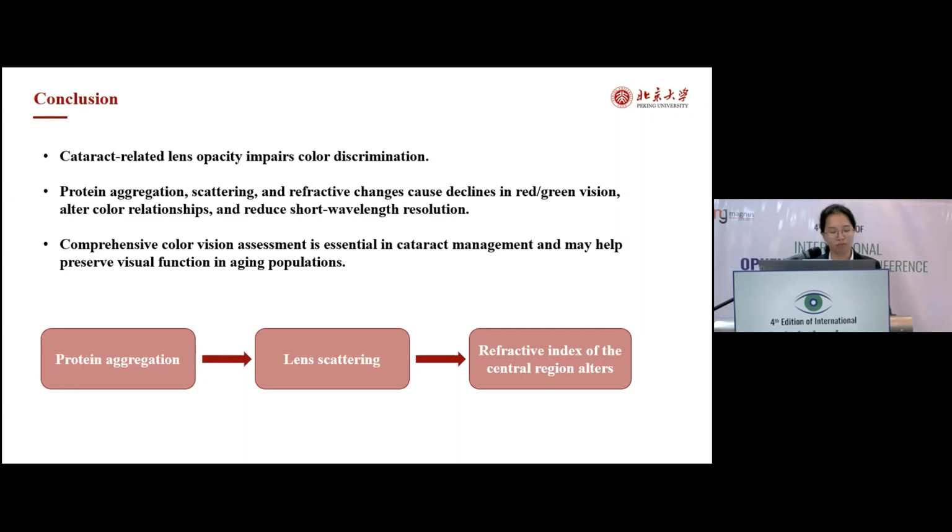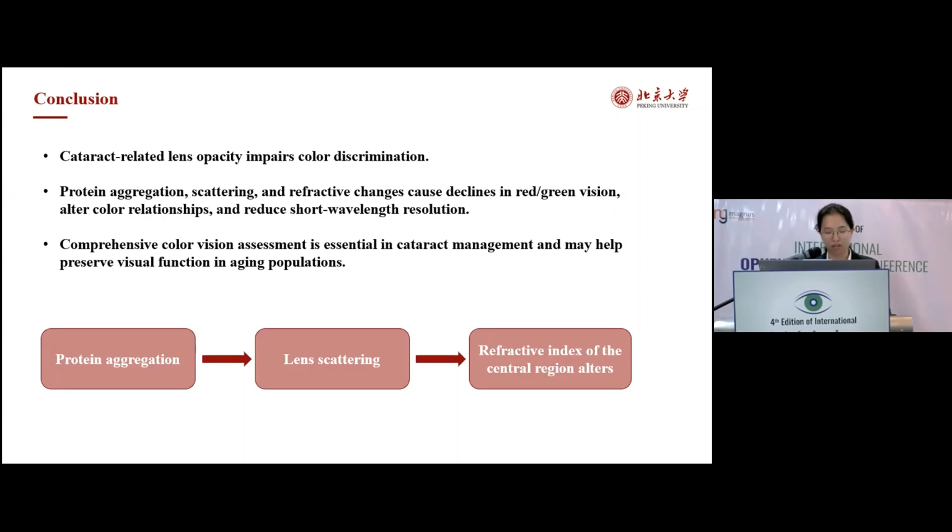The cones responsible for blue-yellow perception are known to deteriorate with aging and lens opacification. They are also highly susceptible to light damage and metabolic stress. This vulnerability likely underlies the selective impairment of blue and purple discrimination we observed, particularly under the daytime conditions.